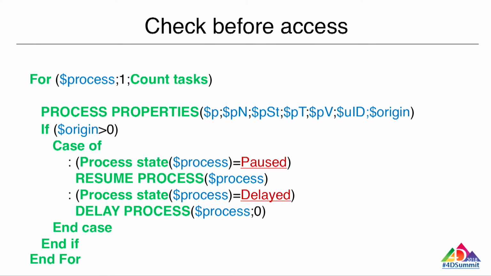If the origin is greater than 0, it is a process created with New process or any kind of process you created programmatically. Anything less than that is a 4D internal process. So a safe way to do it, for instance for RESUME PROCESS, is to check the state. If it's paused, then go ahead and do it. If it's delayed, then go ahead and do the DELAY PROCESS. But do check that you're using your own processes, not 4D internal processes.